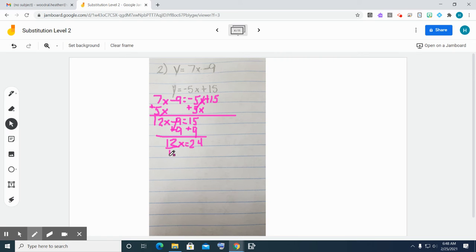We're next going to divide by 12. Divide by 12. X is equal to 2. And then plug it in. So y equals 7x, so 7 times 2 minus 9.